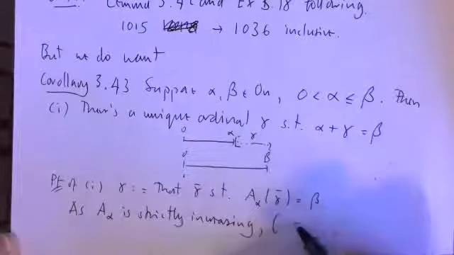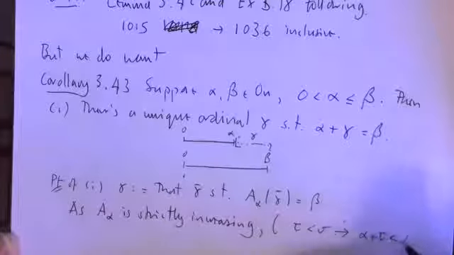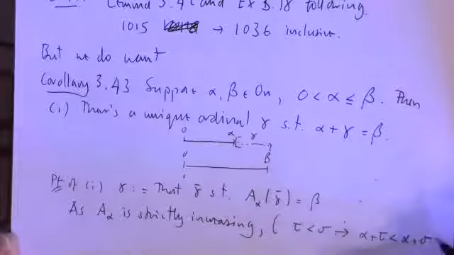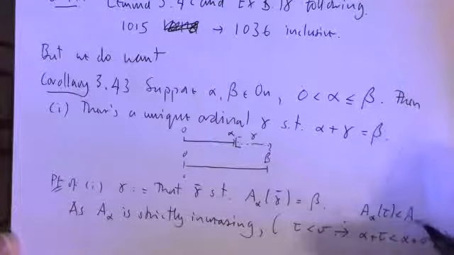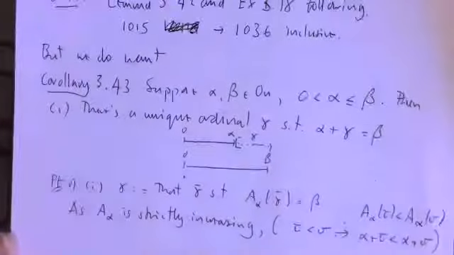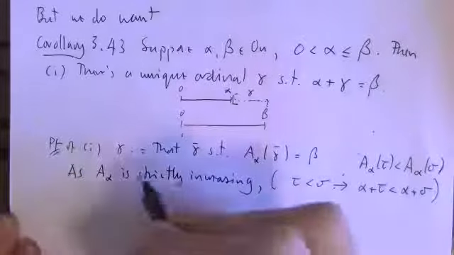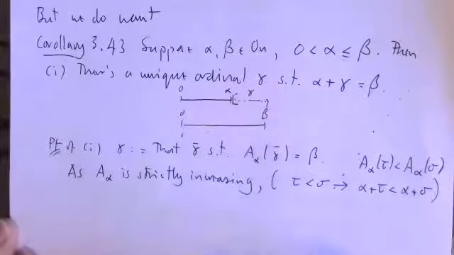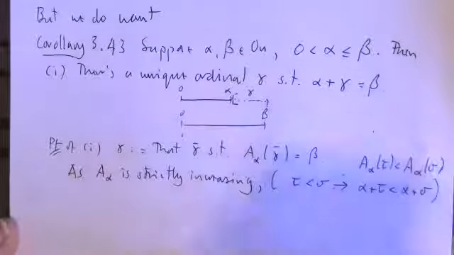So this is saying if tau is less than sigma, then alpha plus tau is less than alpha plus sigma. Or writing it out in the formal definition way. So these alpha plus taus are strictly increasing.